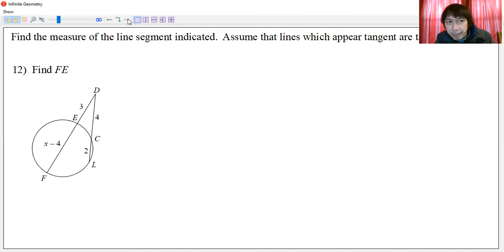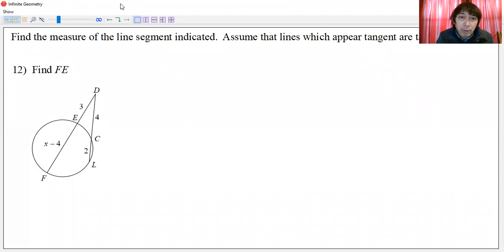Here's another diagram with two secants intersecting at the exterior. And so we will follow the same theorem. If two secants intersect at the exterior, then the product of the secant and its external segment is equal to the product of the other secant and its corresponding external segment.